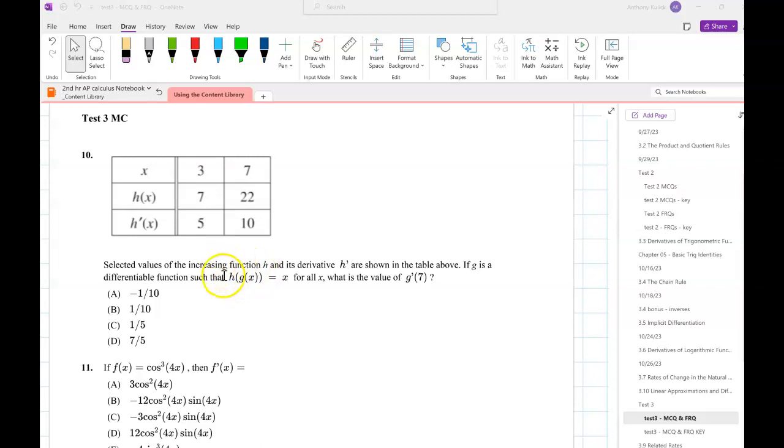If not, you can always just take the derivative of both sides, which is what I told Jacob to do, because when I asked him what that meant, he couldn't remember either.